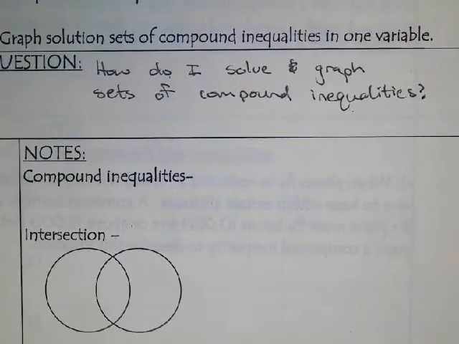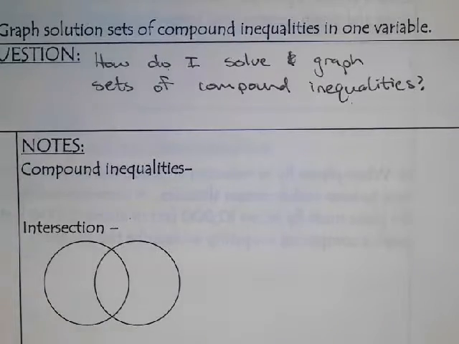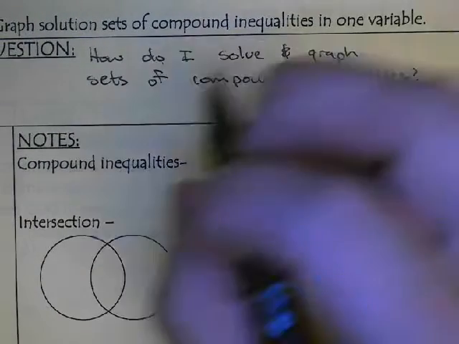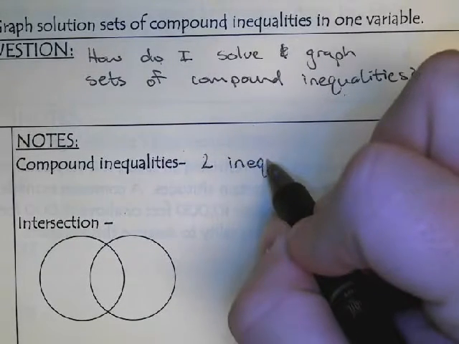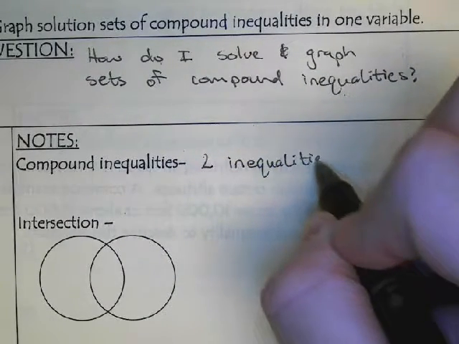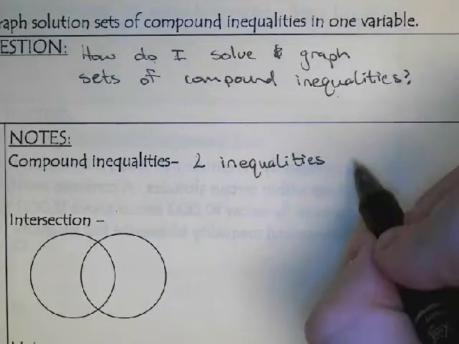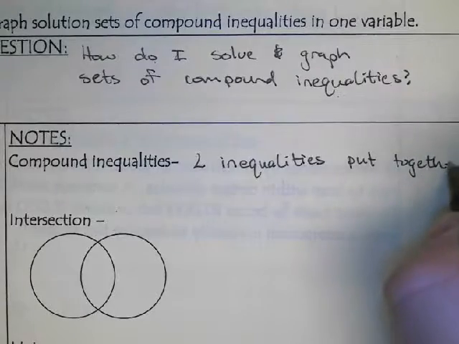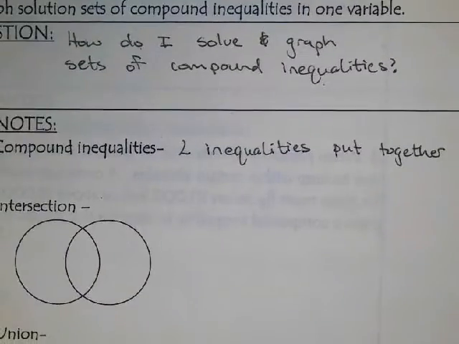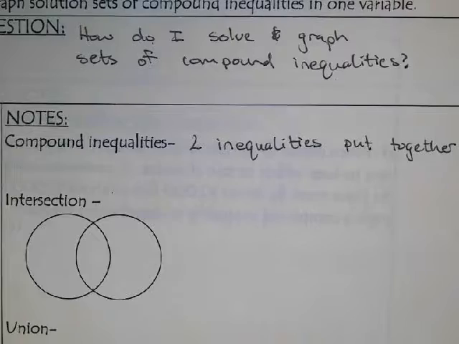So we'll start with the definition of a compound inequality. A compound inequality is two inequalities put together.